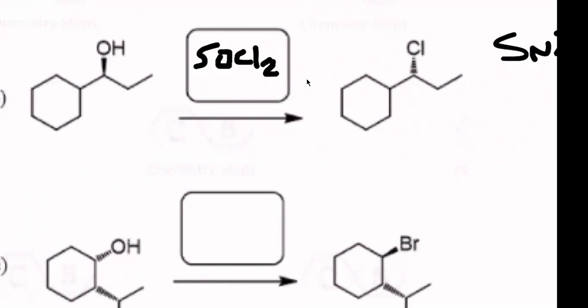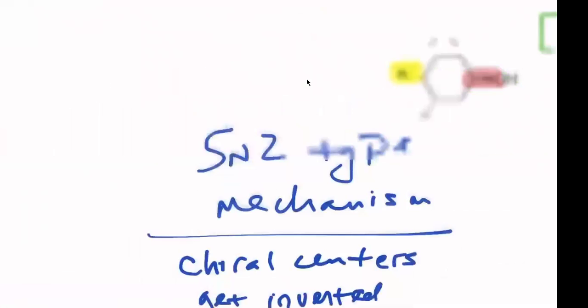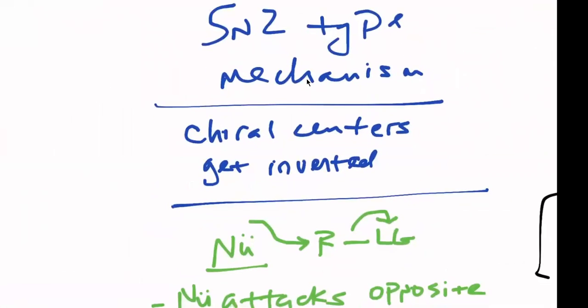But look at what happens to the stereochemistry. It switches. Remember, Wednesday we talked about that with an SN2 type mechanism, chiral centers get inverted. If the reaction is happening at a chiral center, it's going to get inverted. It's going to get switched in the product because of how the reaction happens.